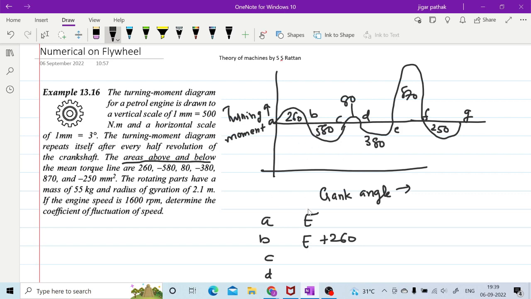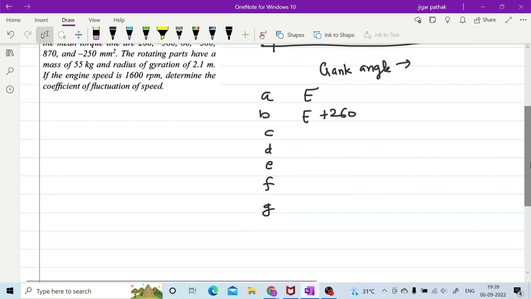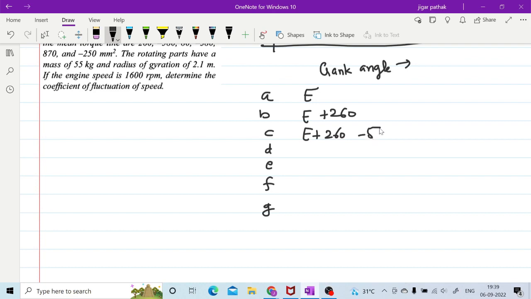So at point B it is E plus 260, right? If you keep on going to point G, then for C it is E plus 260 minus 580, right?